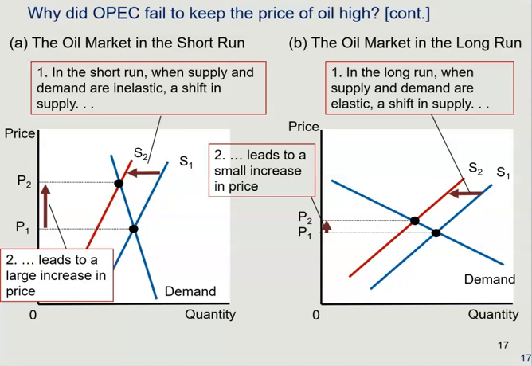So overall, the extra revenue generated by a higher price is going to be smaller than the lost revenue because of the lower quantity. So in the long run, we would find that the OPEC oil revenue is going to drop if they cut the production and raise the price.